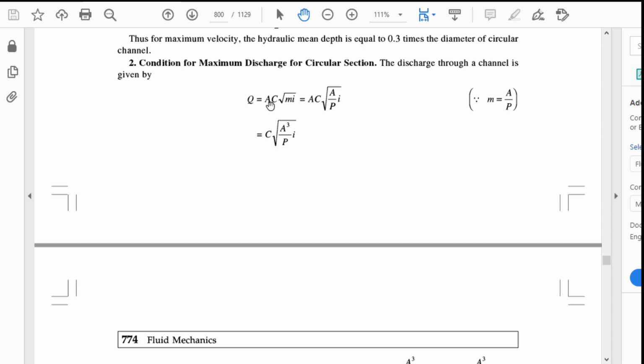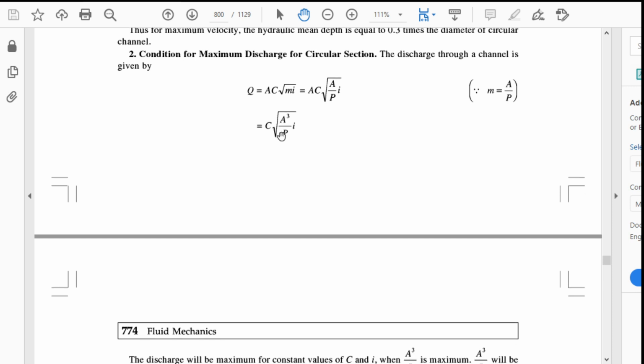Now this A and m can be wholly written as C root of A cube by P into i. That means we have converted this m into A by P, and for taking this area inside the bracket we have to square it and take it inside. So area into A squared will be A cube, so A cube by P into i.